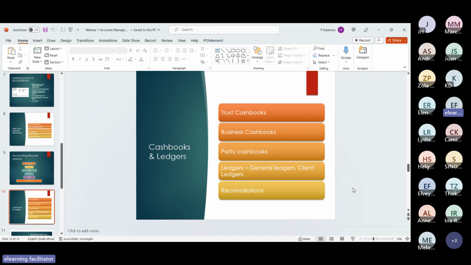So we split. If you've got an account at FNB, one at Nedbank, one at Standard Bank, we'll create separate cash books. If you have an accounting system, you will have to create separate cash books, and then the systems integrate into the ledgers.